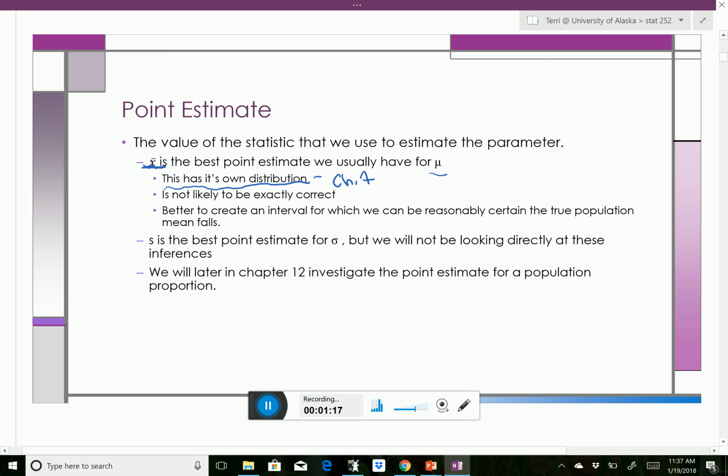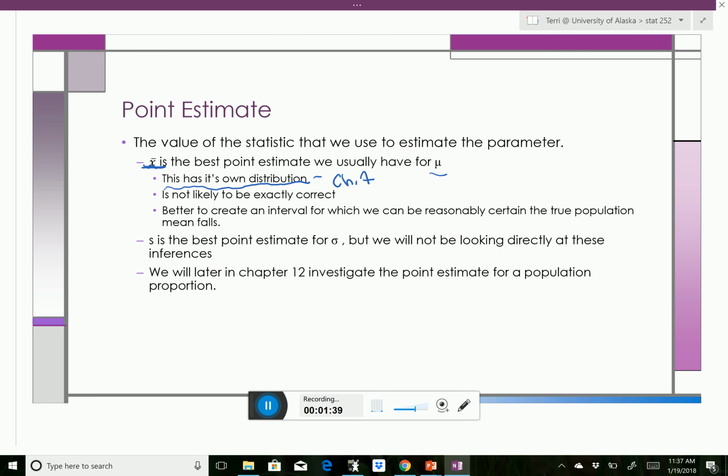We also learned that it's not likely to be exactly correct, especially if it's normally distributed. Then the probability that it's exactly correct is pretty much 0. Now, for more discrete data, yeah, it can be, but generally speaking, it is not. So it's very unlikely.